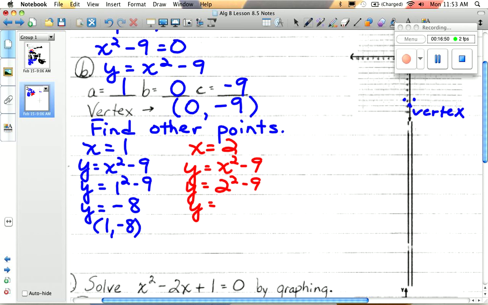What'd you get for y? Negative 5. So now we got ordered pair 2, negative 5.